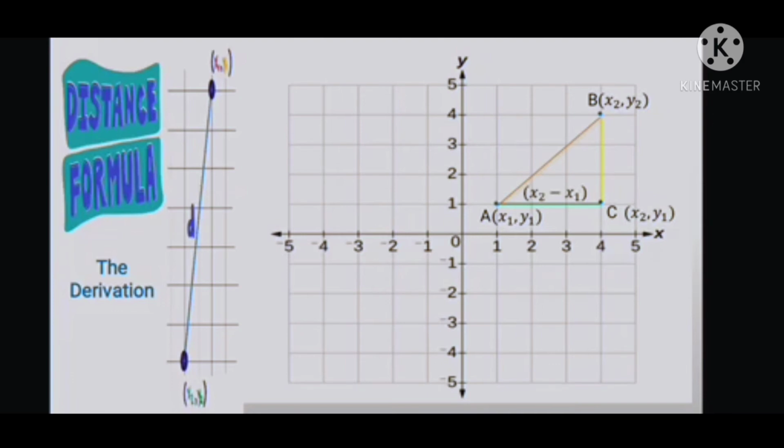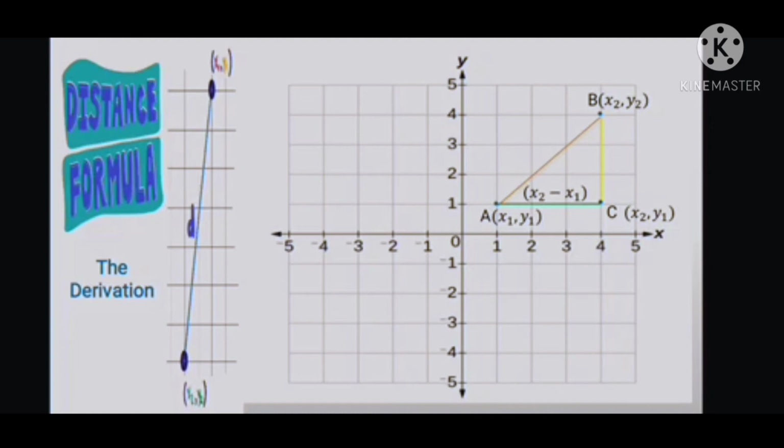Then let us denote the length of line segment AC. This one here, line segment AC. Let us denote the length as x sub 2 minus x sub 1. As you remember, this is the increment of x. Since it is a horizontal line, the length is x sub 2 minus x sub 1, or it's the change of x.